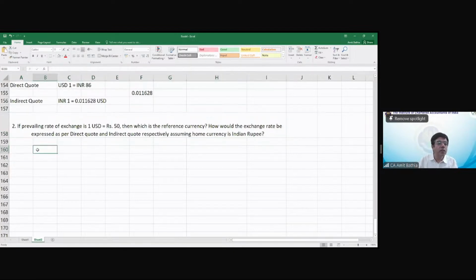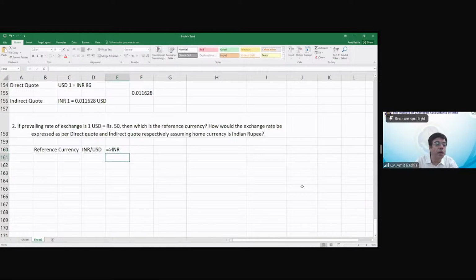So first of all, what is the reference currency over here? Rupees, sir. So when I am saying over here 1 USD is equal to rupees 50, it basically means it is INR upon USD, which means the reference currency is INR.